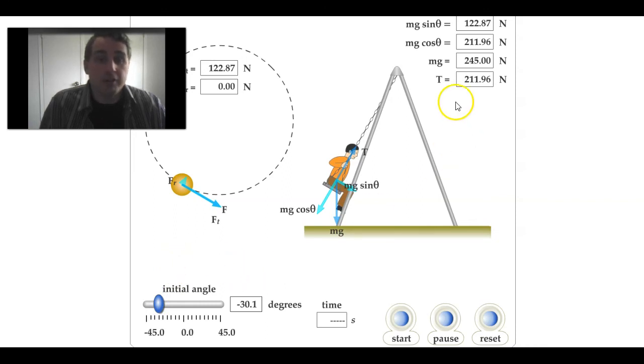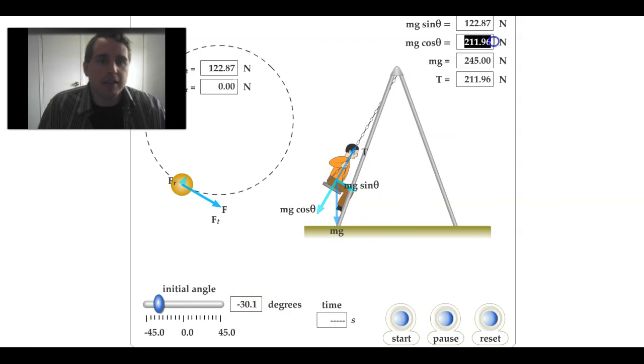Notice that if the weight is 245 newtons, mg sine theta should be pretty close to half of that, so about 122.5 newtons. This is not exactly 30 degrees, but it's pretty close because this is negative 30.1 degrees.